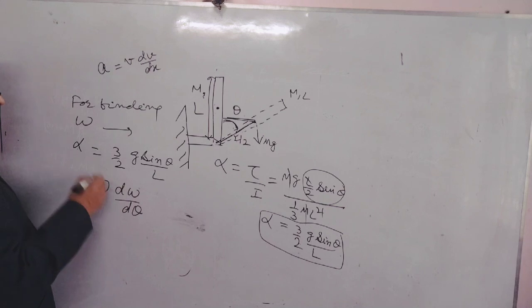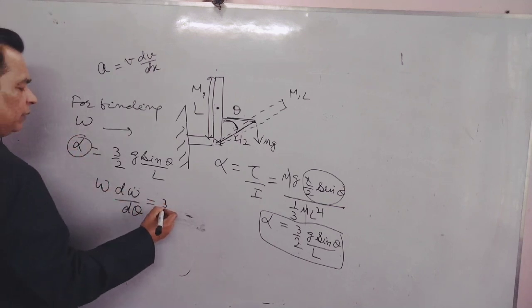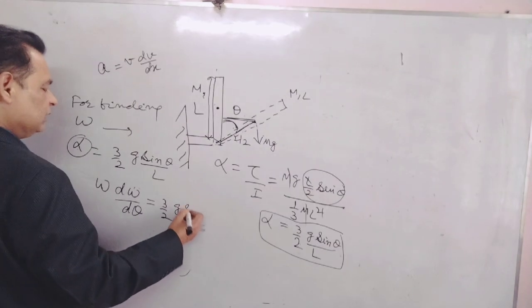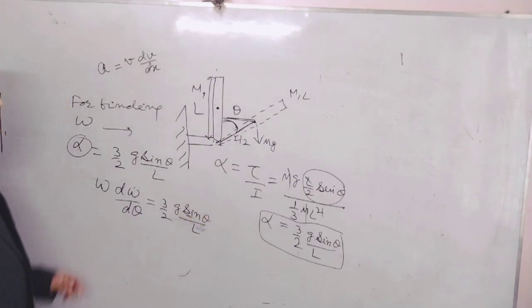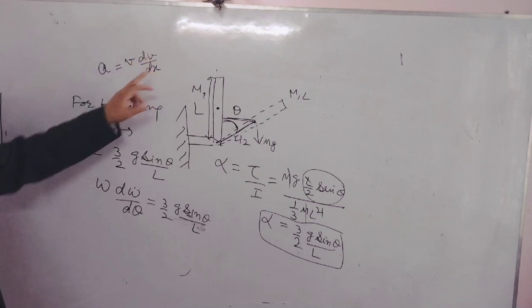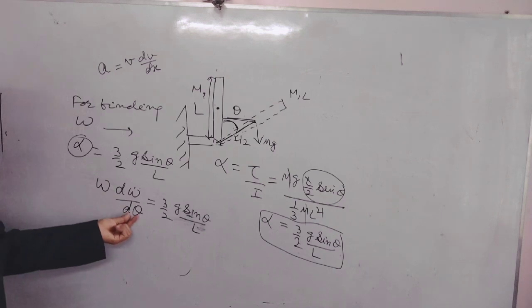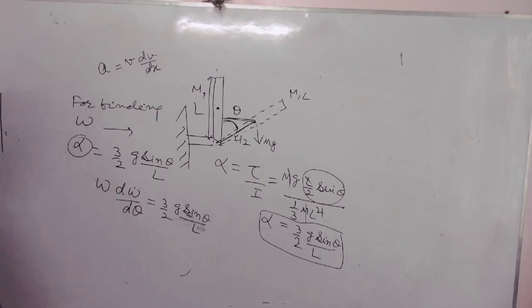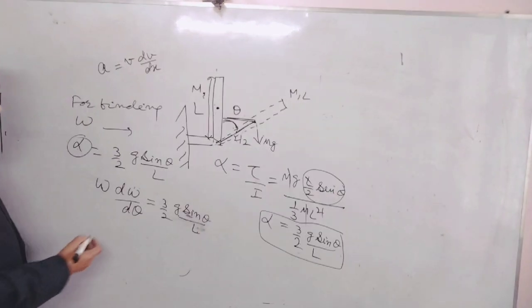That is, angular acceleration alpha equals 3 by 2 g sin theta by L. Any doubt? Like linear acceleration v dv by dx, the rate of change of velocity with respect to position, in the same way omega d omega by d theta, where theta is angular displacement.